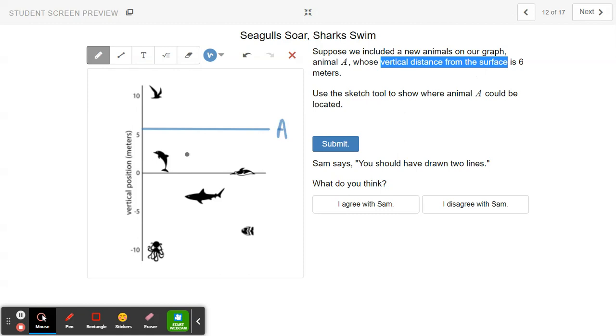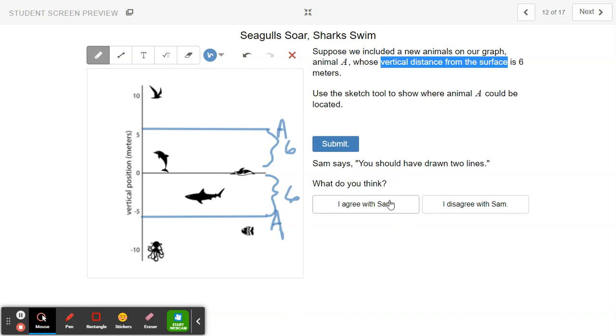So that means I drew A above, but couldn't it also be 6 meters below? Because this line is still a distance of 6, right? These are both 6 meters from the surface.